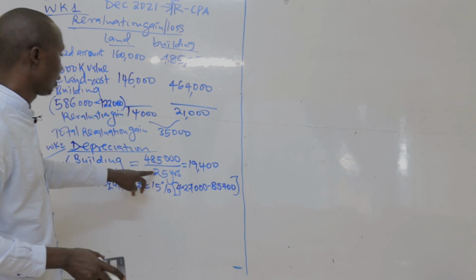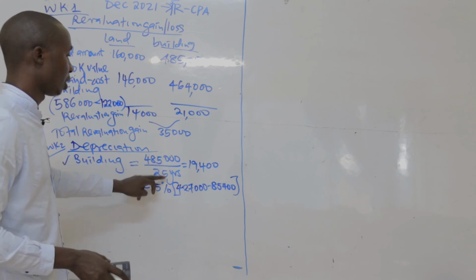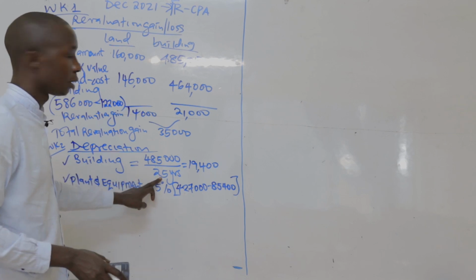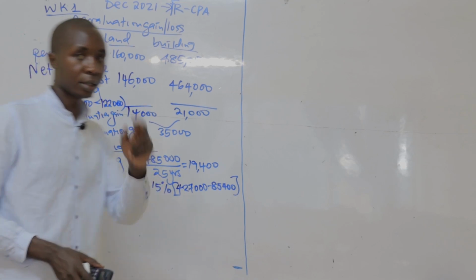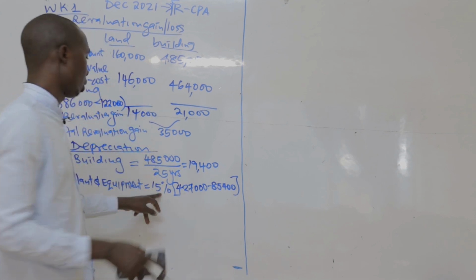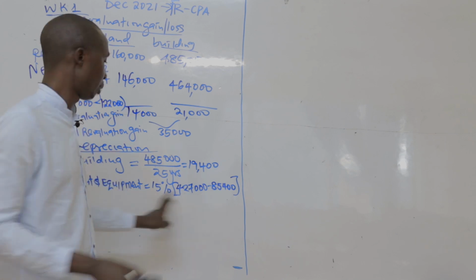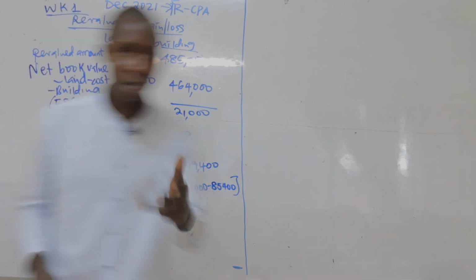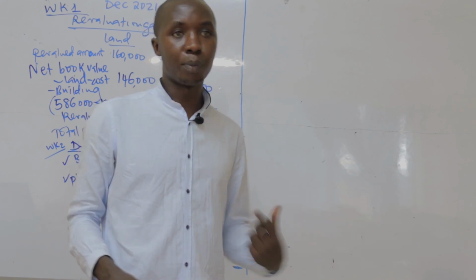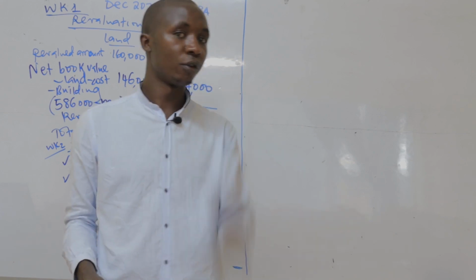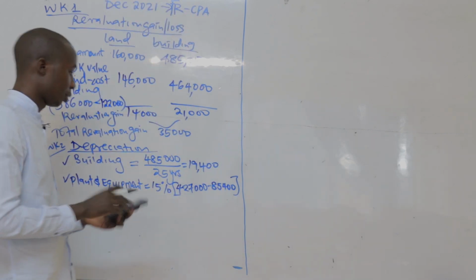That is how you do the reducing balance method. But this first method of taking the value and dividing by the remaining life is called the straight line method. But this one, whereby you take the cost, minus accumulated depreciation, then multiply with the depreciation rate to get the depreciation for the year, is the reducing balance method.